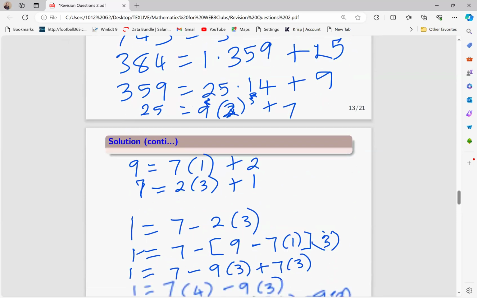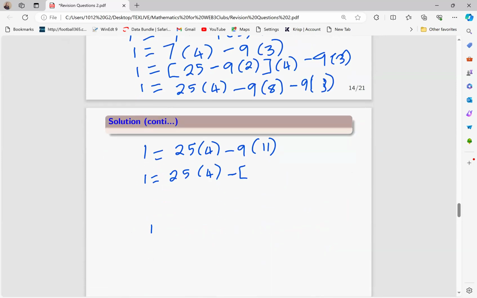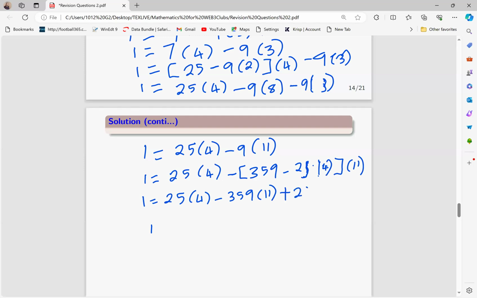It's 359 minus 29. It's 25. This one here, 14. 14. 25.